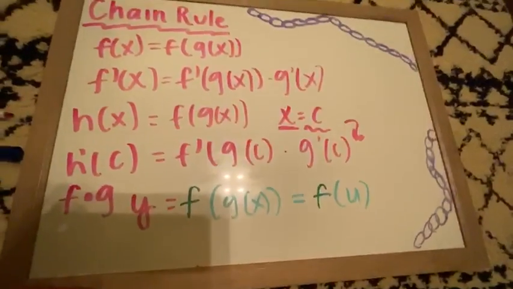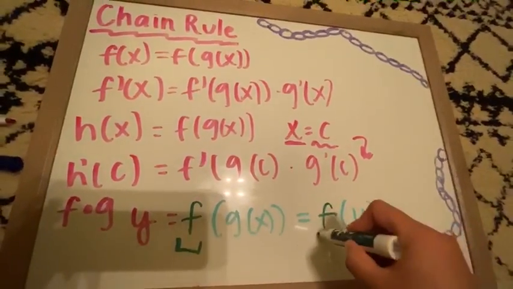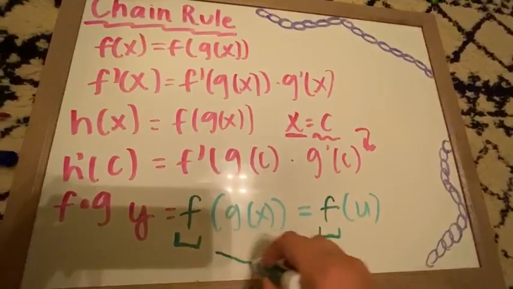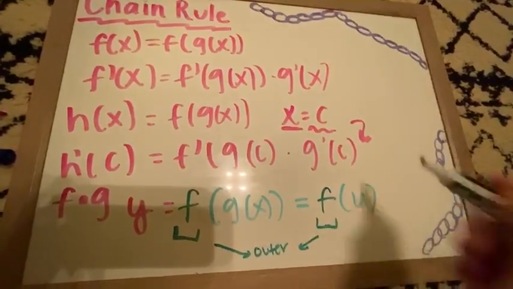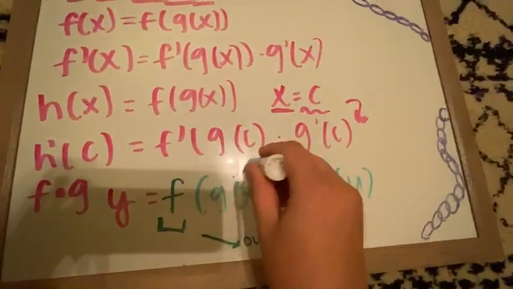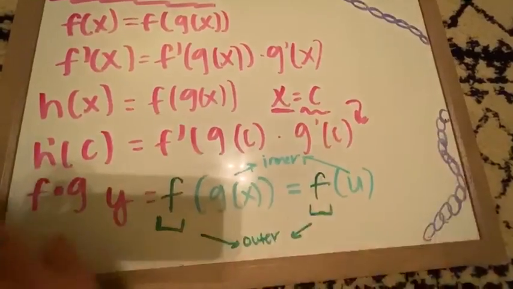And this shows that this right here and this right here are your outer functions. And this shows that this right here and this right here are your inner function components.